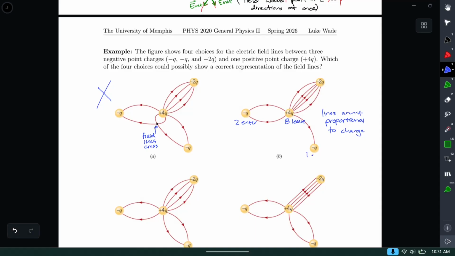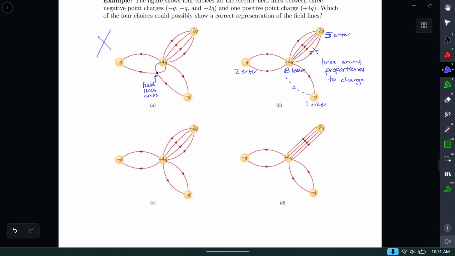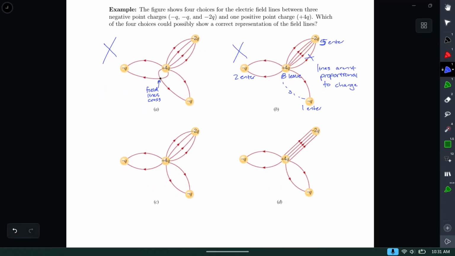We saw only 1 enter this one, so that's the first problem we notice. We really should have 2 right here. But there's too many entering the negative 2Q. It should have 4 enter it because it's half as much charge as the 4Q. But 5 actually enter. That's what we actually see there. 5 enter. All right, so B is out.